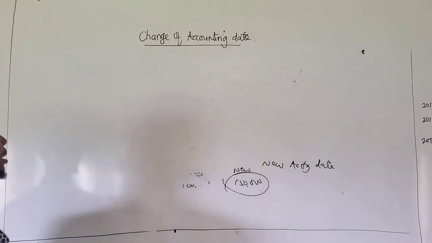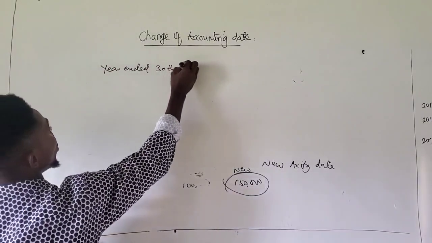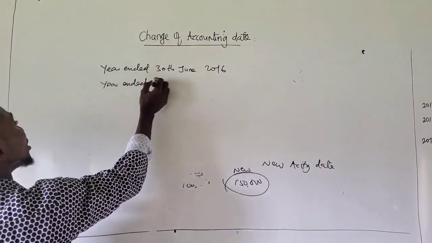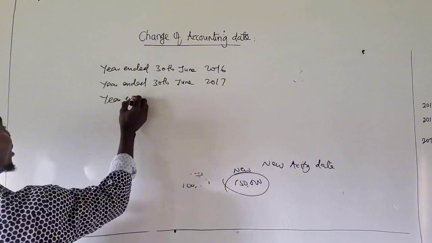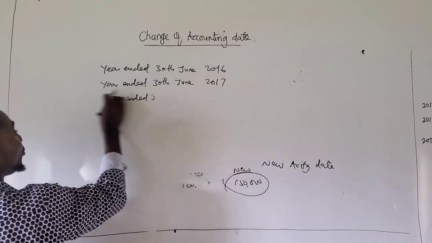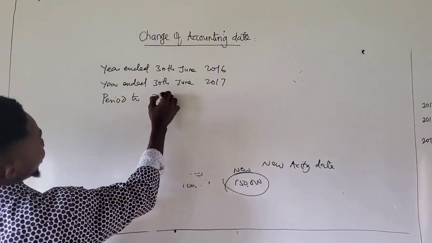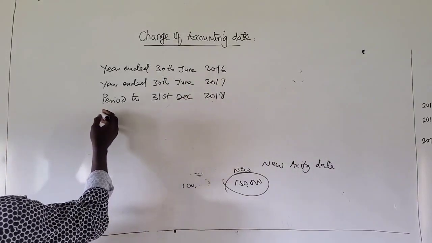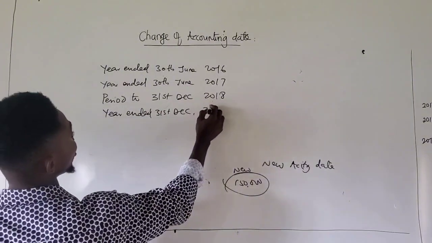Let's say a business has this information: year ended 30th June 2016, year ended 30th June 2017, period 2, 31st December 2018, then year ended 31st December 2019.